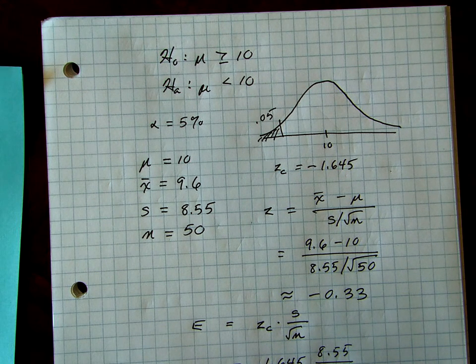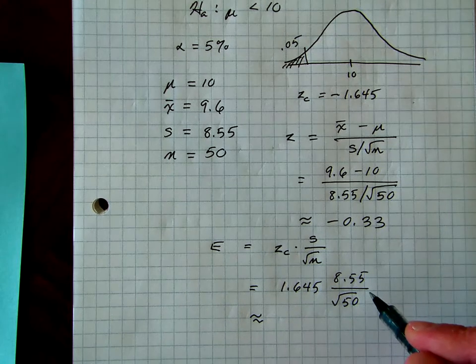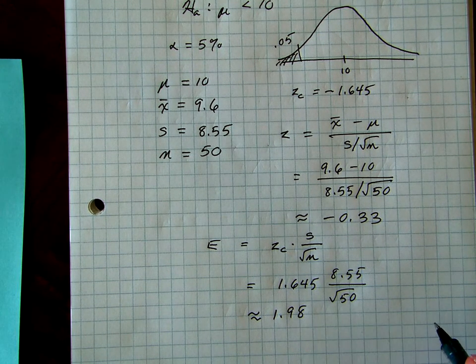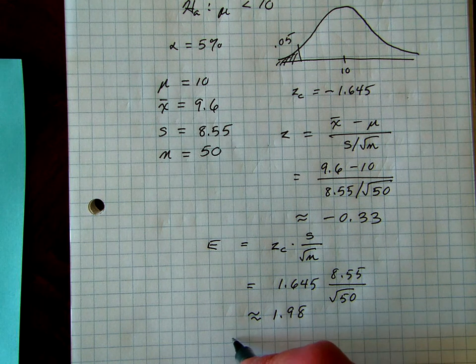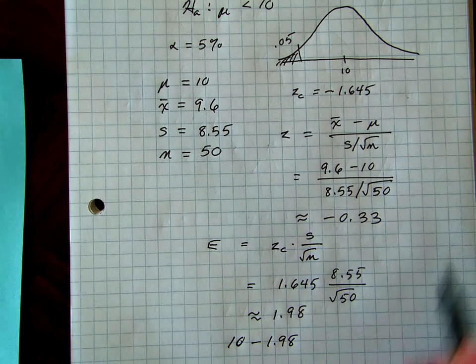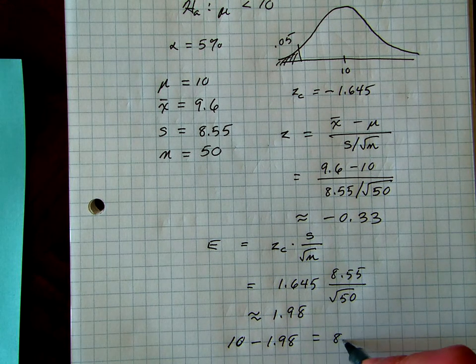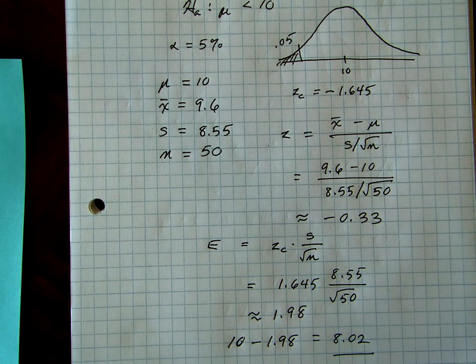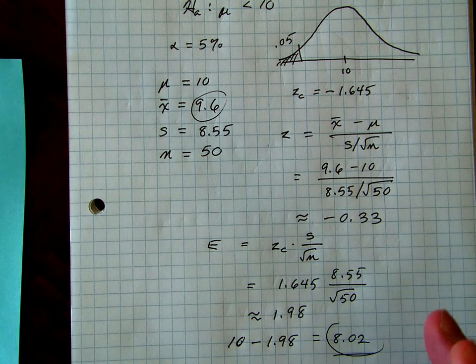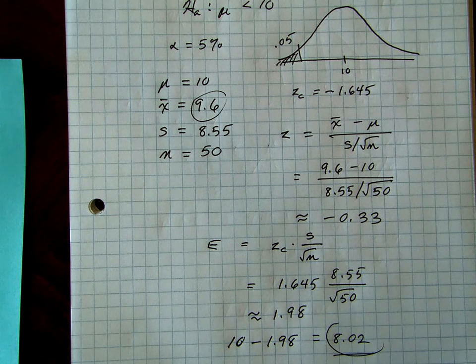Work that out, we have about 1.98. Okay, well, 10, which is our average, our mean, minus 1.98, because we care about the low side, is 8.02. Well, what did we get? We started off with 9.6. So again, that is in the acceptable region, and we were able to accept our null hypothesis. So that's a second example of hypothesis testing.